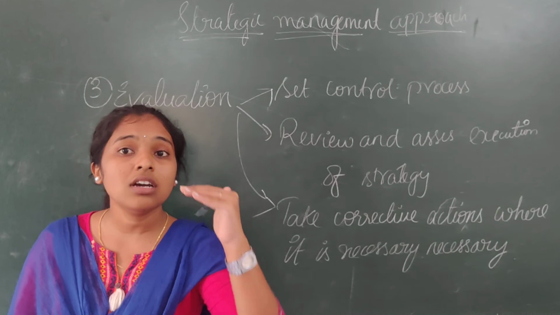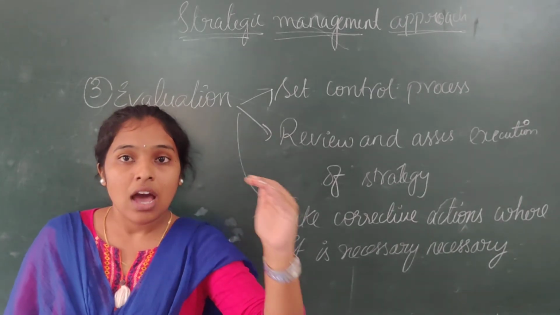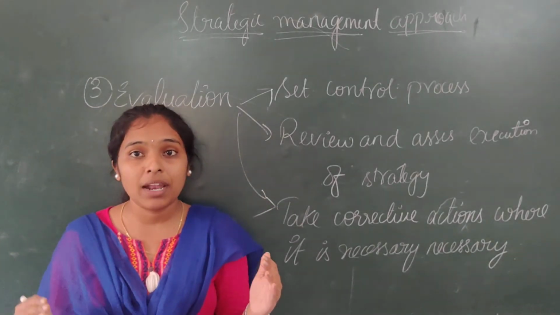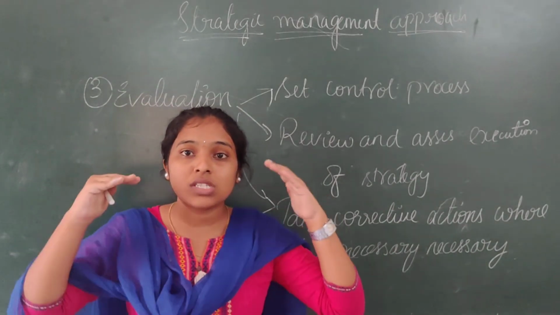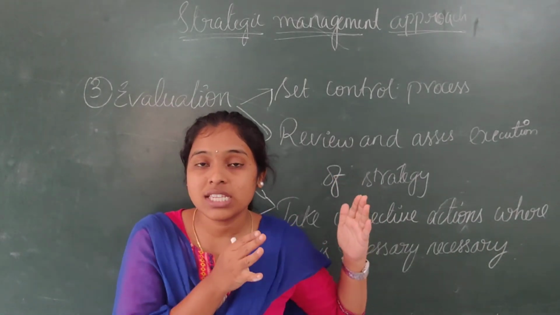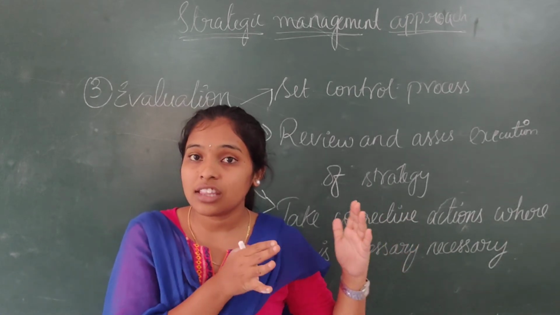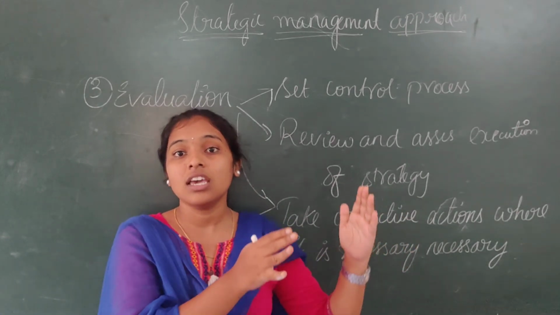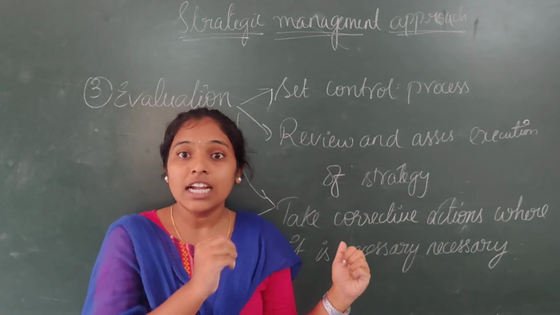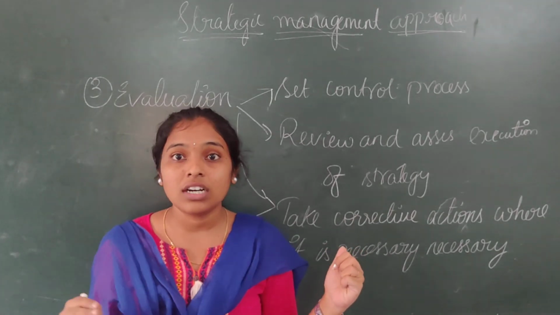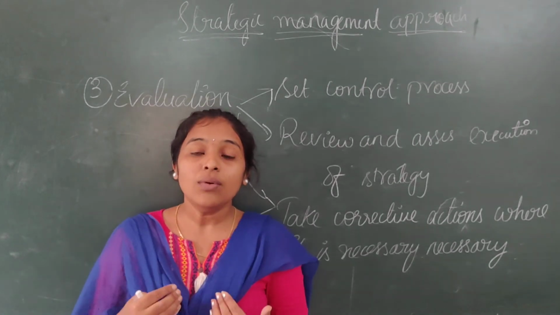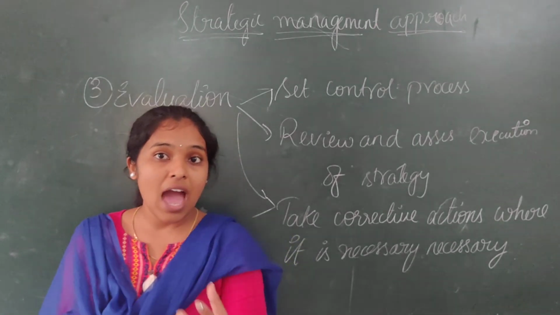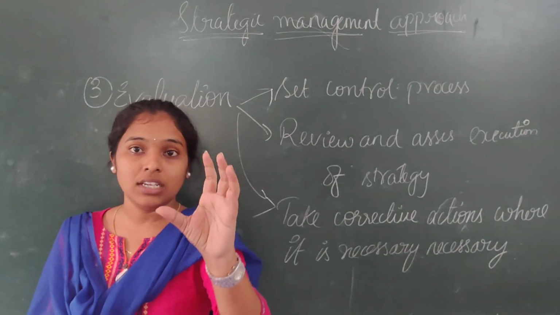In order to reach the organizational goals and objectives we need to apply a correct strategy and we need to implement those actions wherever it is necessary. If we implement at unnecessary places and the result doesn't come, it is our fault, not the strategy's fault. Because as we are keeping a strategy, we need to know where we have to implement this strategy.